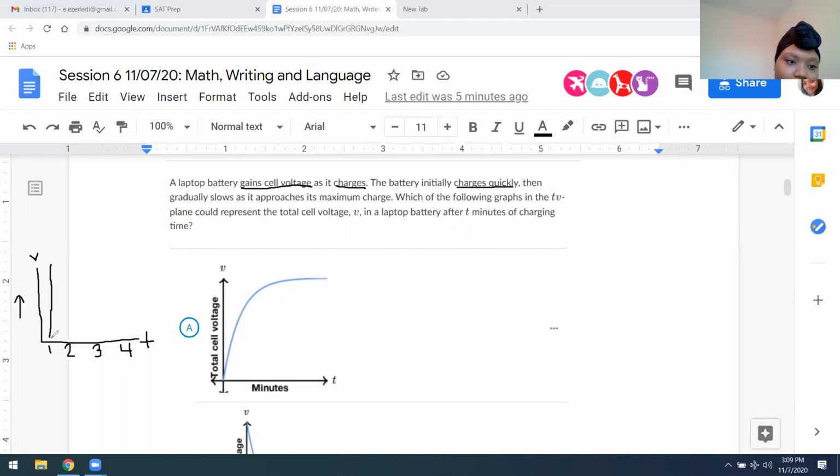Instead of charging gradually and going over a bigger amount of time, this is more like what a gradual charge would look like. But since it's charging quickly initially, we know it's going to look like this. Okay, so now the next part says, then gradually slows as it approaches its maximum charge.